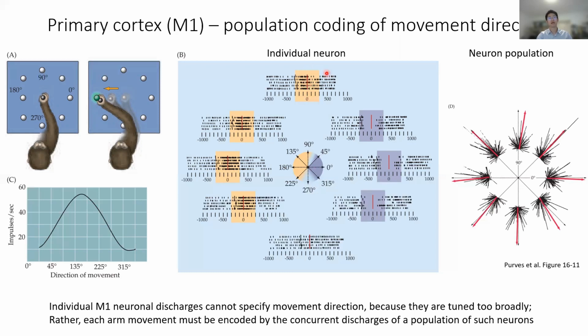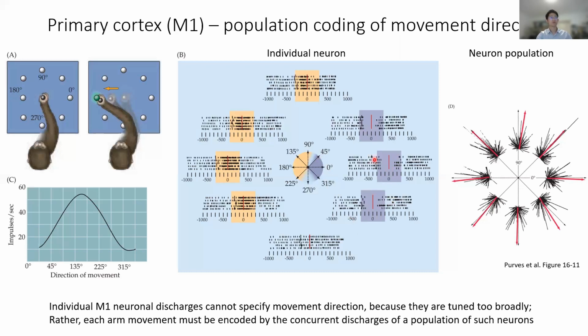This neuron is also active in other directions, for example 135, 180, and 225. But it is not active, or even inhibited, in other directions. If the monkey is moving in the 0-degree or 315-degree direction, there is almost no activity in this neuron.